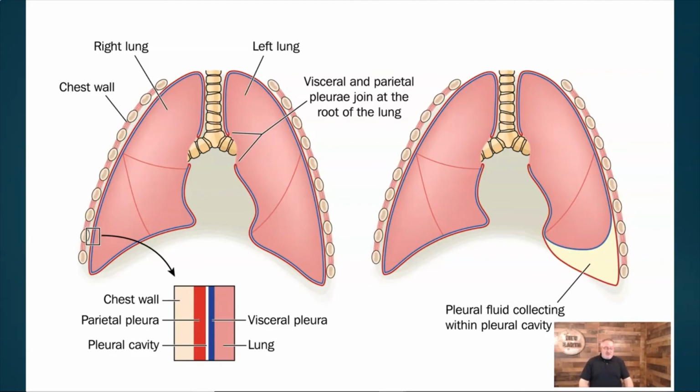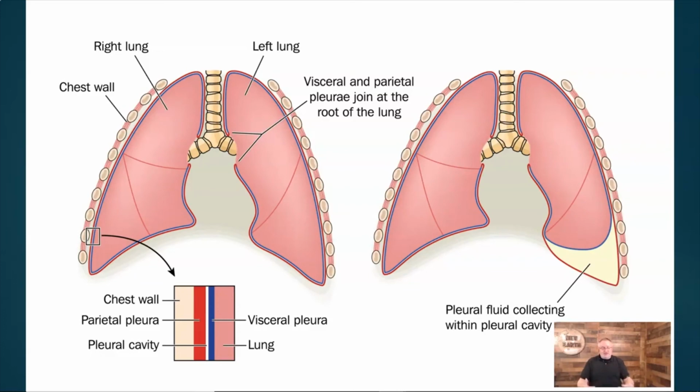And in between the double bagging of our lungs, one bag is supposed to protect our lungs from the edge of our rib cage, and then the inside is supposed to protect our lungs. Those two layers are supposed to slide against each other. As you take a breath, there's going to be an awful lot of sliding every time you breathe.